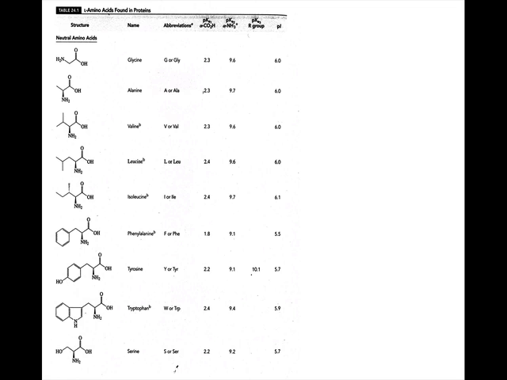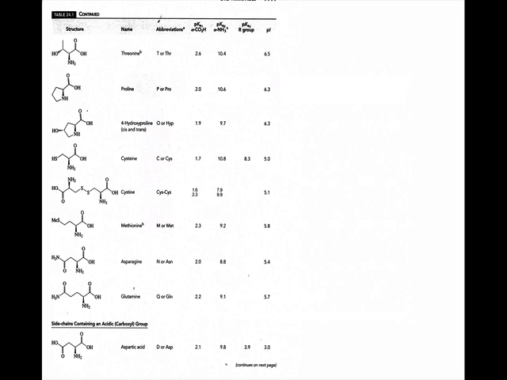But now wait a second. Not all of them are that simple. So let's look at aspartic acid. What's its pI value? It's 3. So what 2 groups did we average to get 3? Yep.